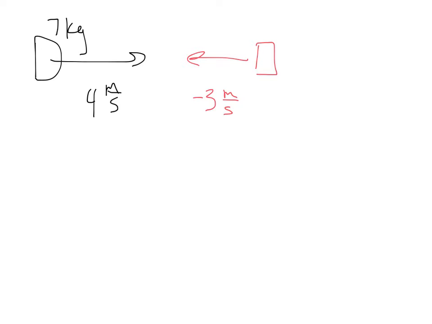They collide and stick together, and they move together to the right with a velocity of 1.2 meters per second. So afterward, they're stuck together. That's before, what you see up top, and this is after. This is a mass of 7, and this is an unknown mass, M2.